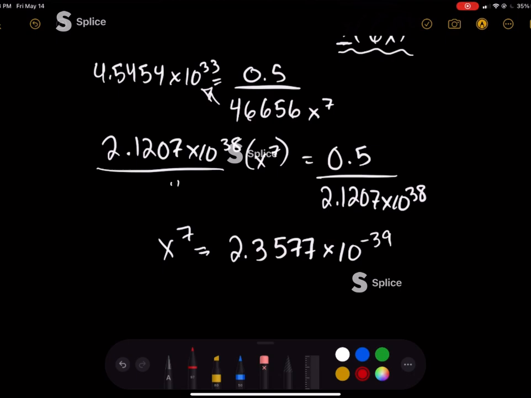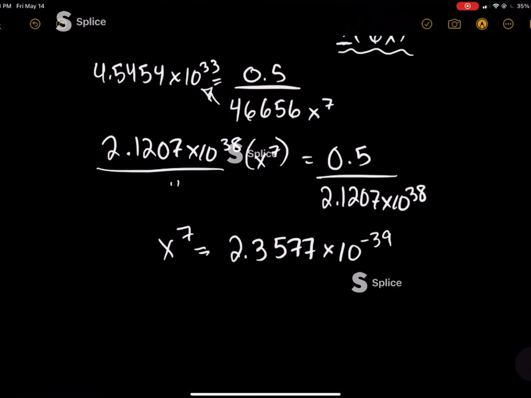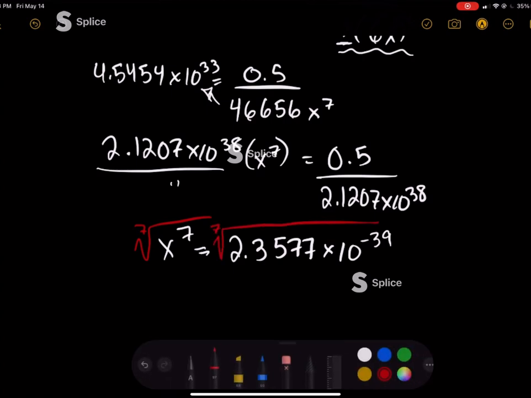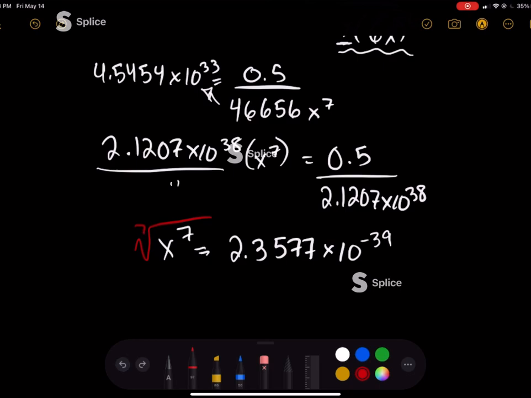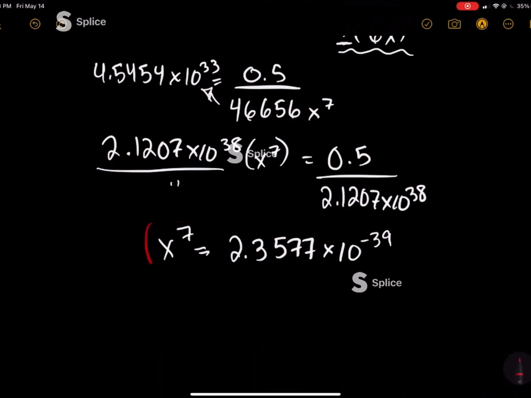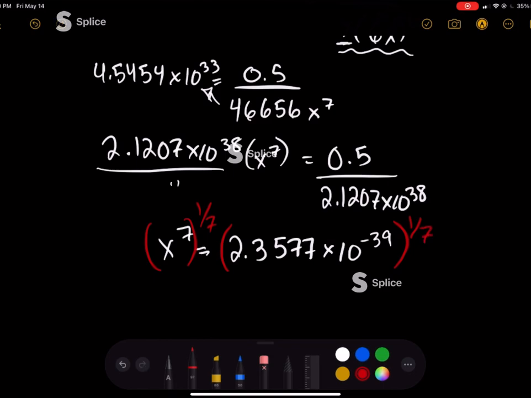You could write it like this, however, you can't do that on a calculator. So what we can do instead is put it to the exponent of 1 over 7.